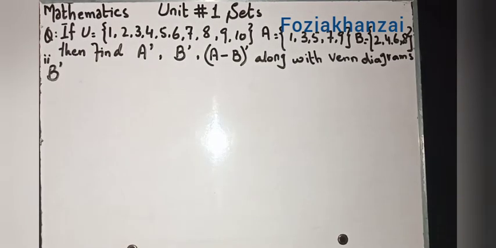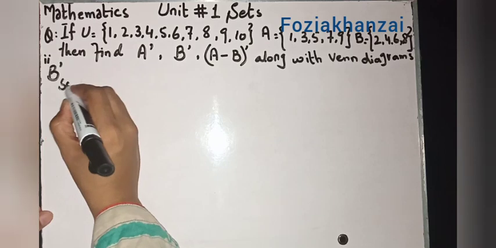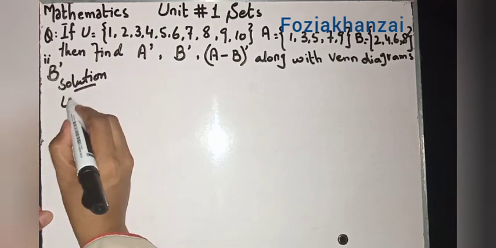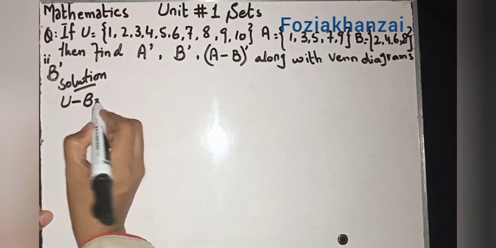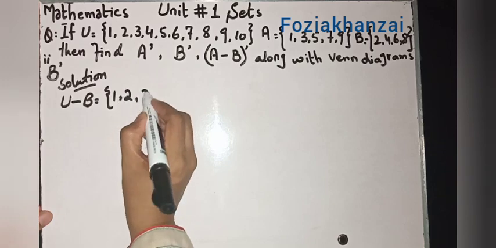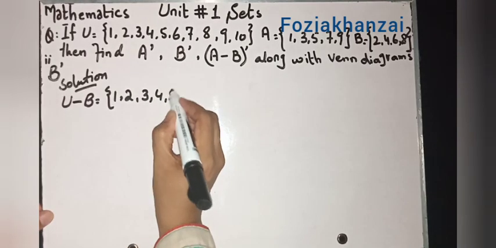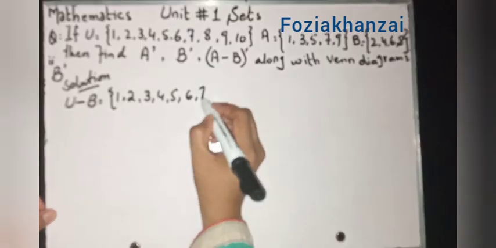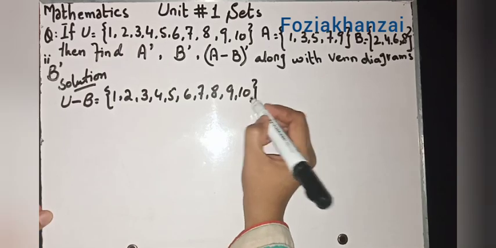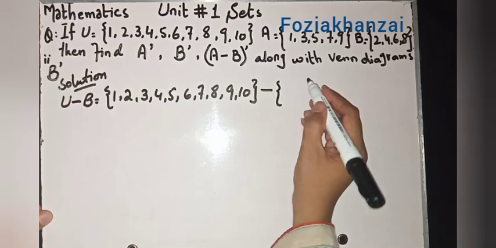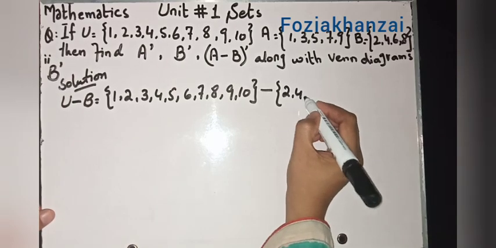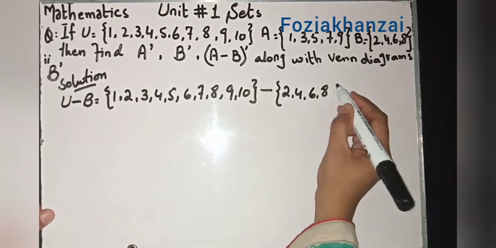Second part, B complement. For complement, first we write U difference B. Copy elements of set U: 1, 2, 3, 4, 5, 6, 7, 8, 9, 10, bracket close, put difference sign. Elements of set B: 2, 4, 6, 8.